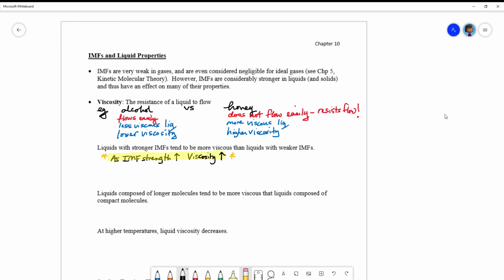So I'm going to note here: when liquids have stronger IMFs, their molecules cannot easily slide past each other. And of course, this is going to impede flow.